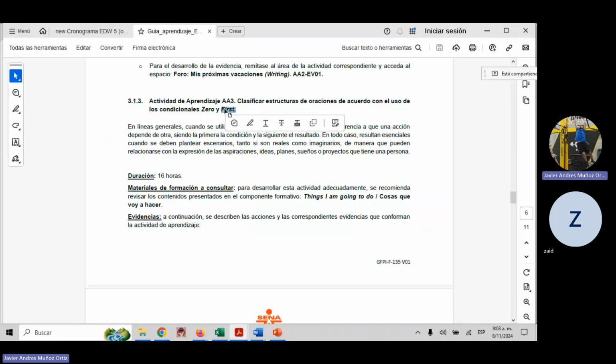So zero conditional uses, in terms of grammar, present simple tense and present simple tense. First conditional instead uses simple present tense in the if clause, and future simple tense. So we need to understand how simple future tense works, so we can use the first conditional. ¿Vale?